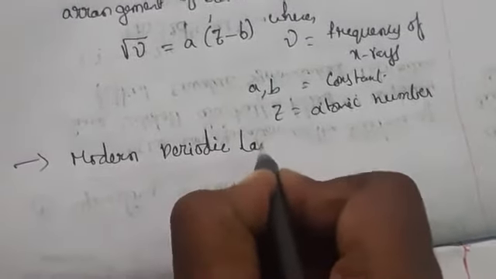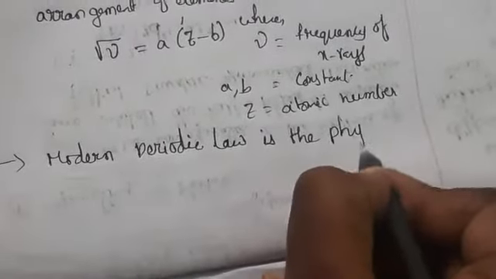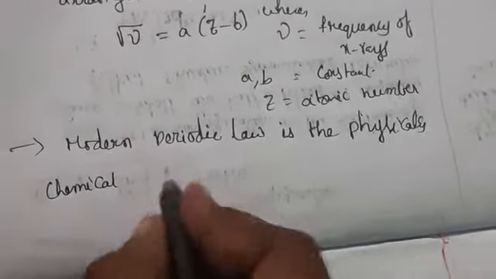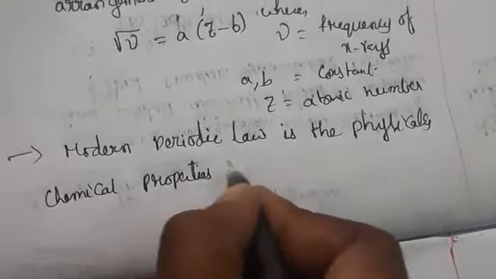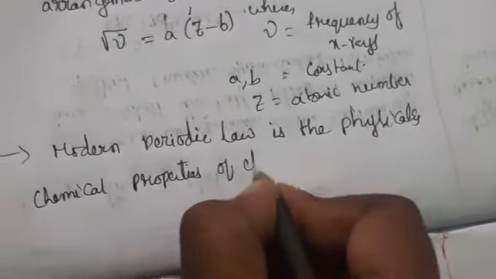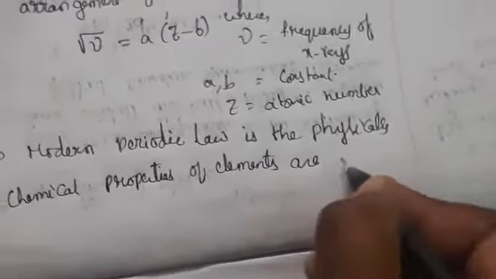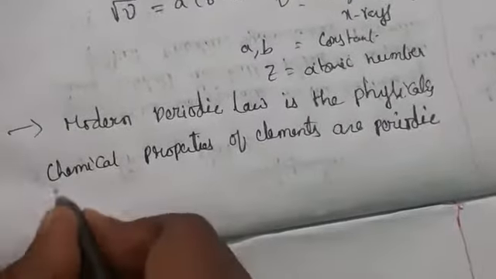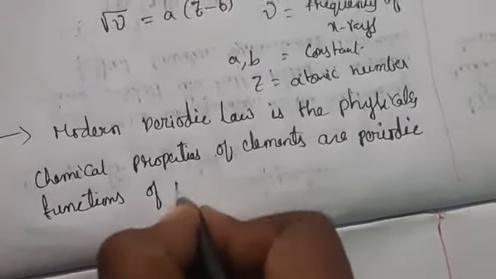the modern periodic law is nothing but: the physical and chemical properties of elements are periodic functions of their electronic configuration.